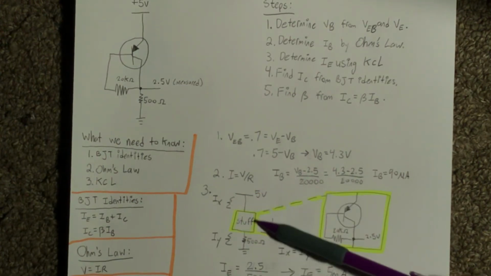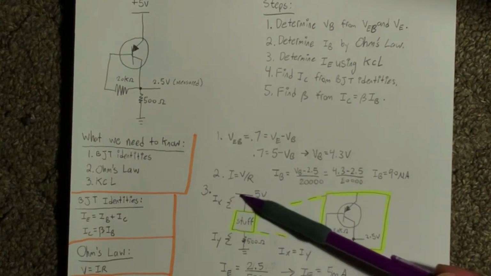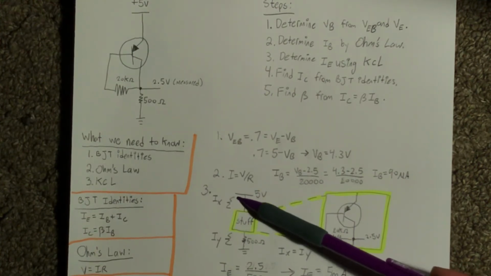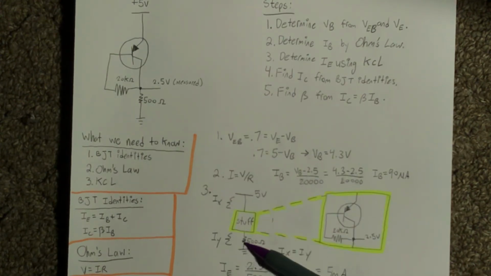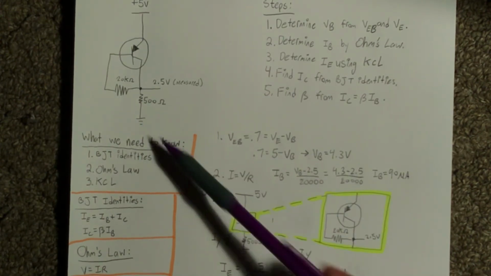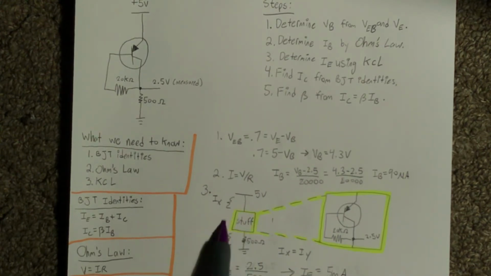So we can just classify everything in here as just stuff, and this is the VEE. And down here is the ground, 500 ohms, okay? So basically everything in here is just stuff. So I represented that with this box called stuff. Now I do that so that we don't really care what's in here, as long as it doesn't connect to other components that connect to ground or anything like that.